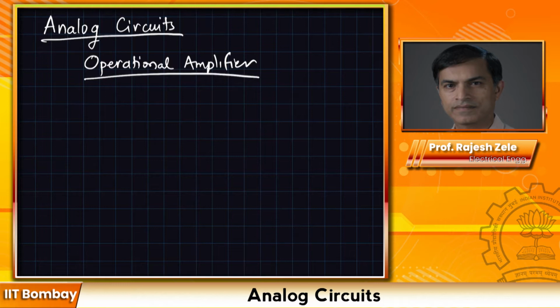So what I'm going to do is take you to a commercial website first, and let's look for a really famous operational amplifier which has been used in many applications. The name of the amplifier is 741.